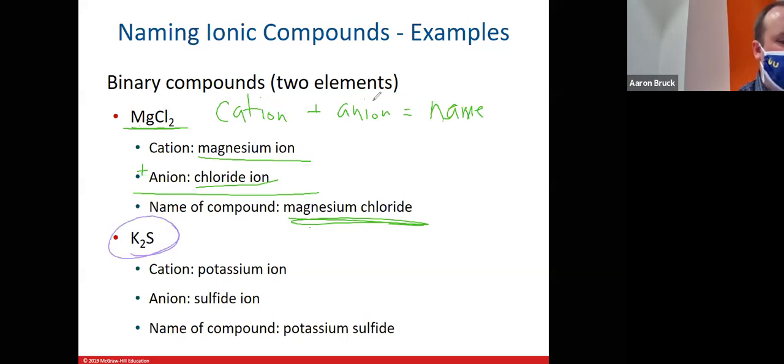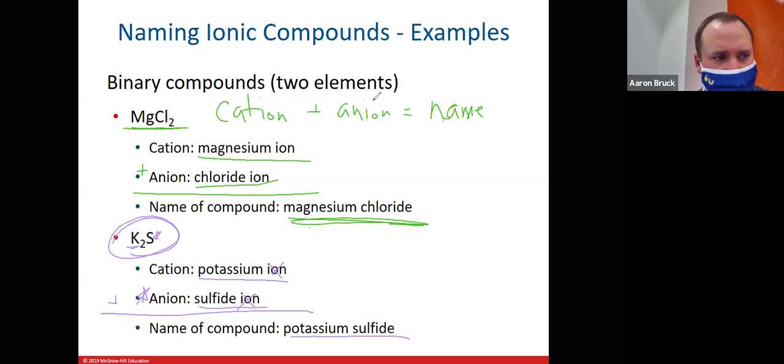For K2S, I've got the potassium ion from the K. I've got the sulfide ion from the S. Put them together, take off the ions, I get potassium sulfide. So it's a matter of recognition.